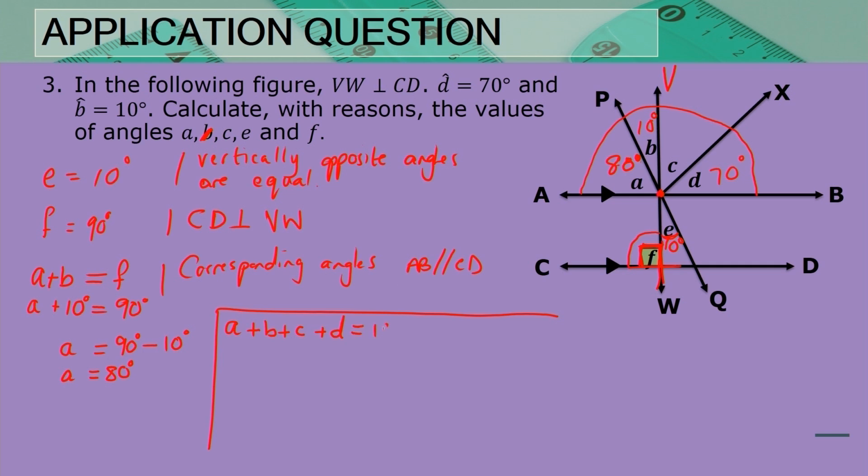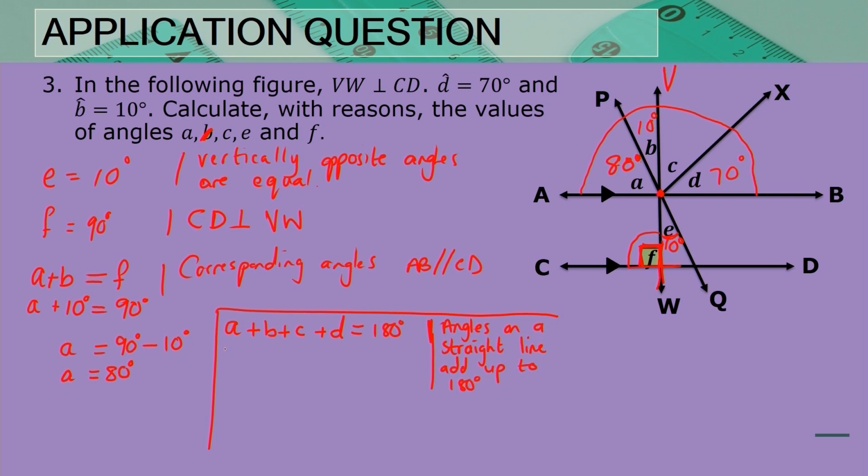That is going to give us 180 degrees. And our reason for this is that angles on a straight line are supplementary, or they add up to 180 degrees.